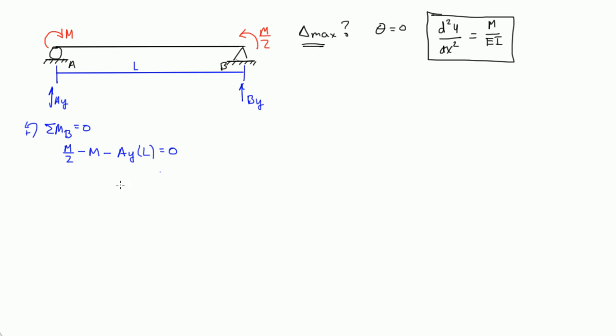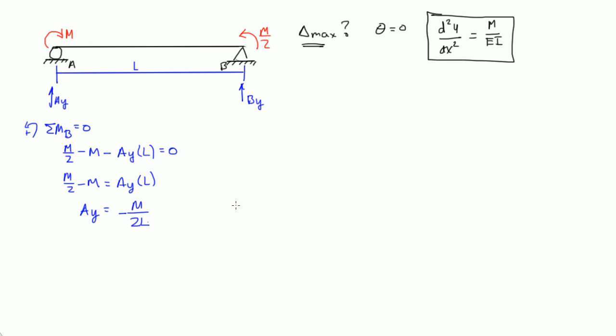If I solve for AY, M/2 minus M is equal to AY times L. If I divide both sides by L, I get AY is equal to negative M/2L, because M/2 minus M is just negative M/2, and then divided by L.